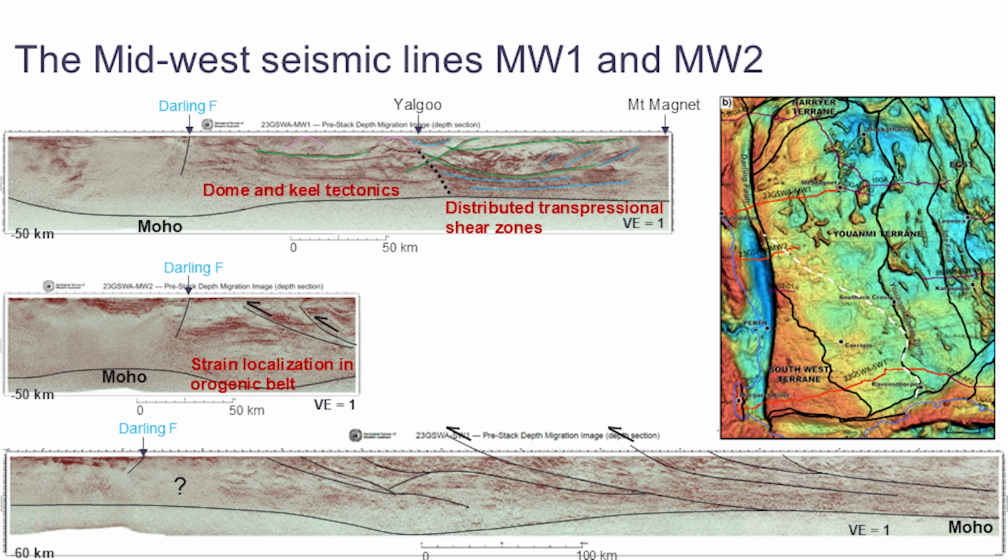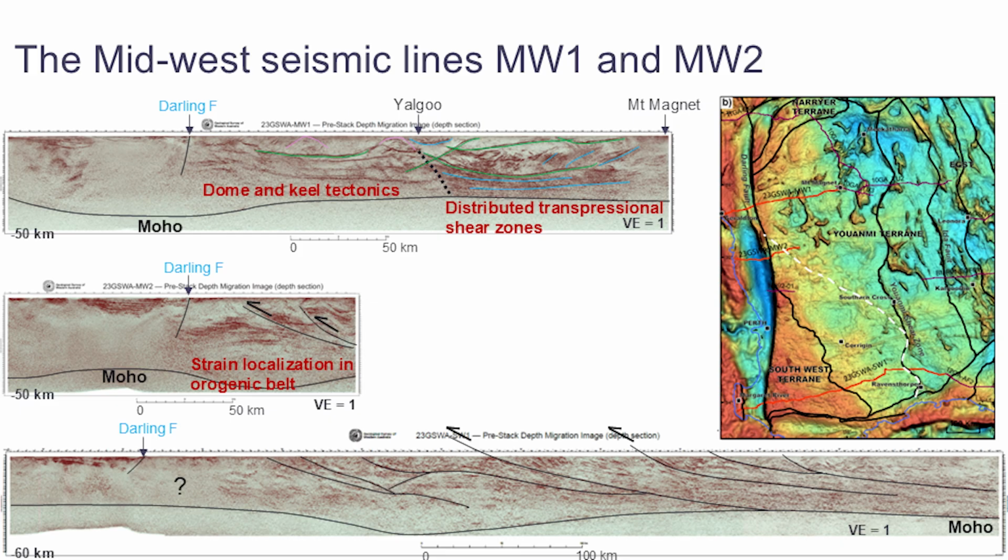And something else that is quite striking from the Midwest 1 line is that this is the first time that we have reflectors that dip to the west in the mid and lower crust regions, while you know from the UNB lines, all the architecture is dipping to the east, and this is the same as well for the Eastern Goldfields lines. This is something that is happening then around McMagnet.